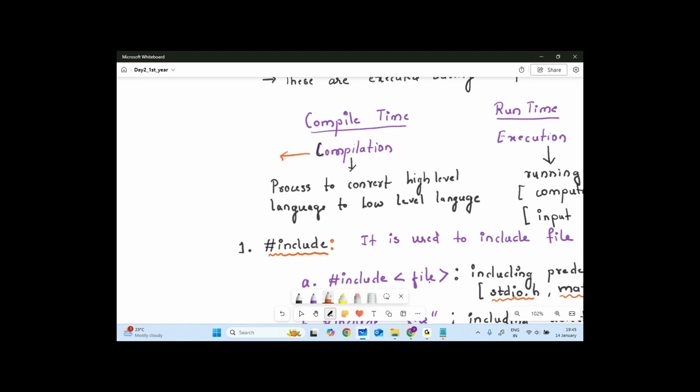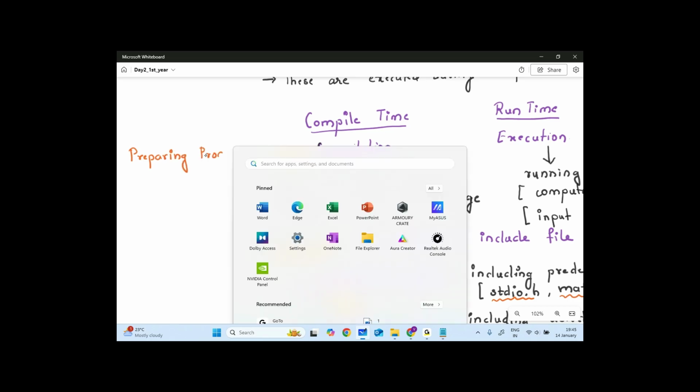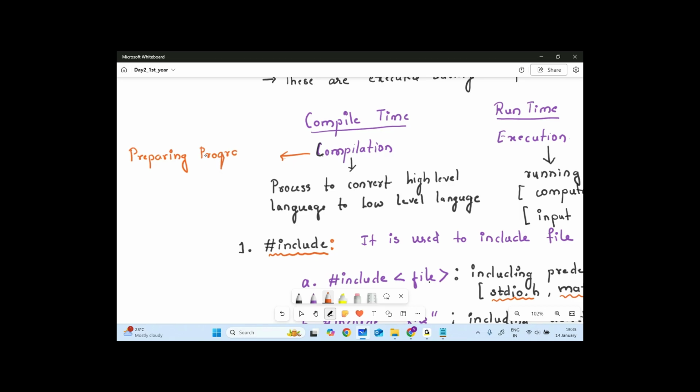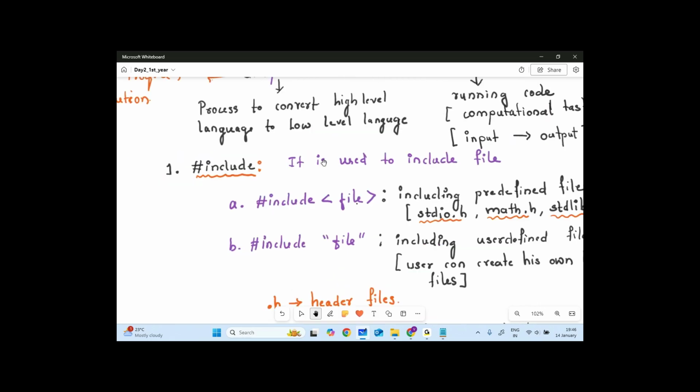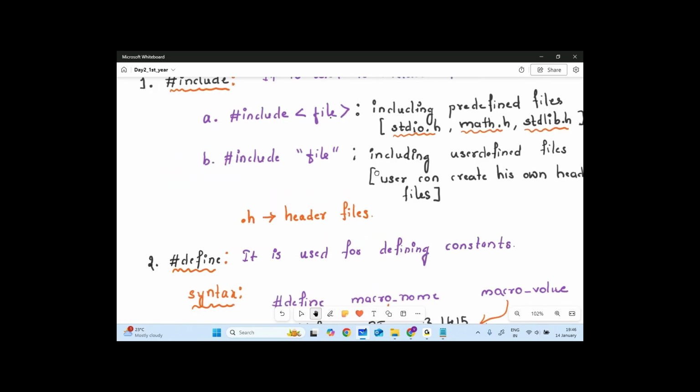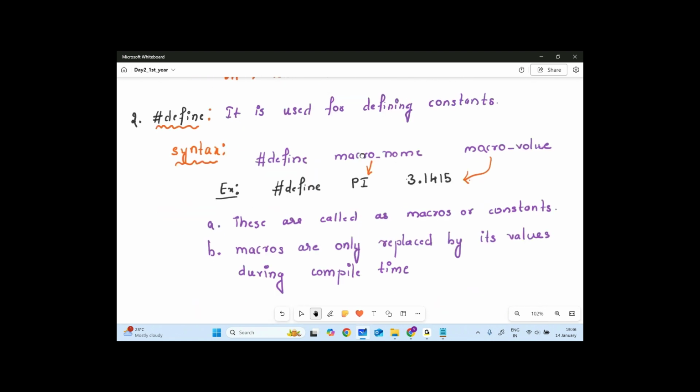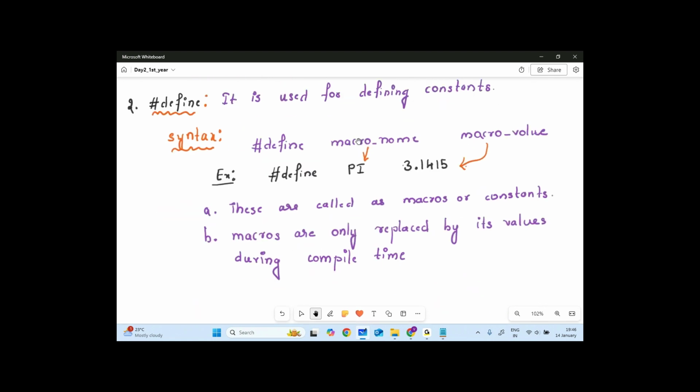What is the meaning of compile time? Preparing the program for execution. To execute a program, there are a lot of things we will write in it. For example, we will write comments, we will write macros, a lot of things. Now, do you think the program will execute if comments are present in the program?